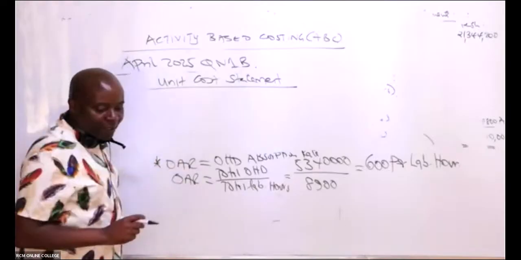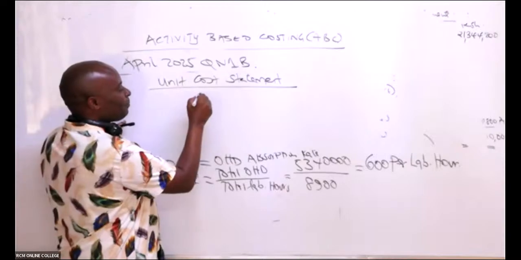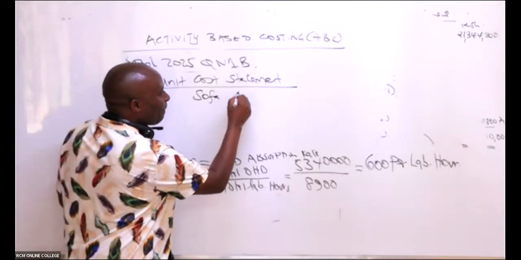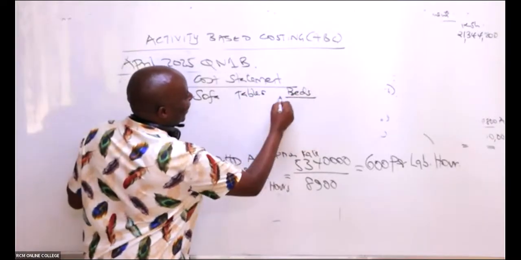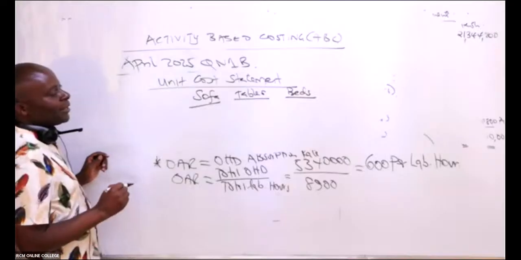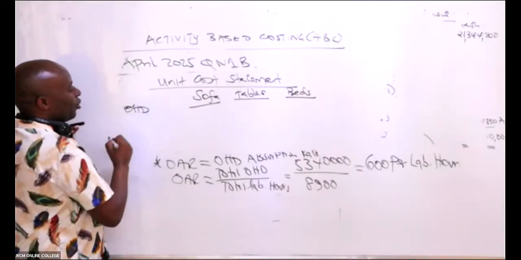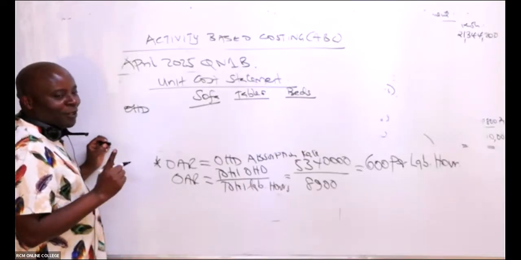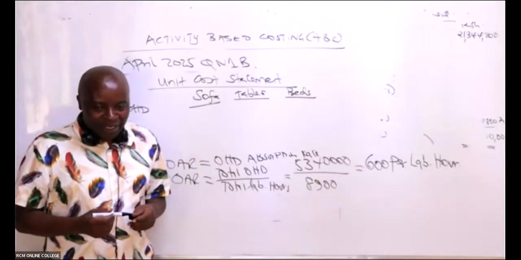Our three products, ladies and gentlemen, what are their names? Do you remember the names of our three products? We have sofa, tables, and the beds, isn't it? Great. So we start here with the overhead for each unit, for each sofa set. Remember, we are absorbing this overhead using which criteria?